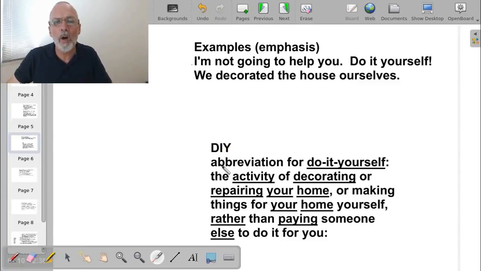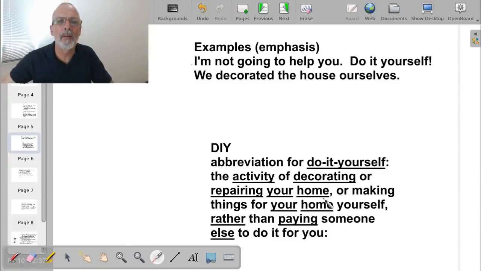Do-it-yourself, DIY, abbreviation for do-it-yourself: the activity of decorating or repairing your home or making things for your home yourself, rather than paying someone else to do it for you. DIY is like when you paint your house, but you don't pay a painter to paint your house, you do it yourself. So you will hear that expression.